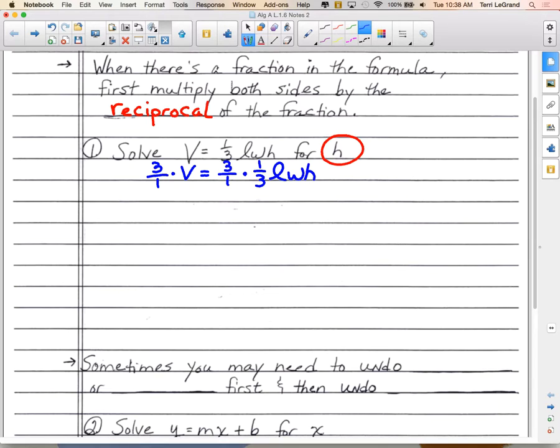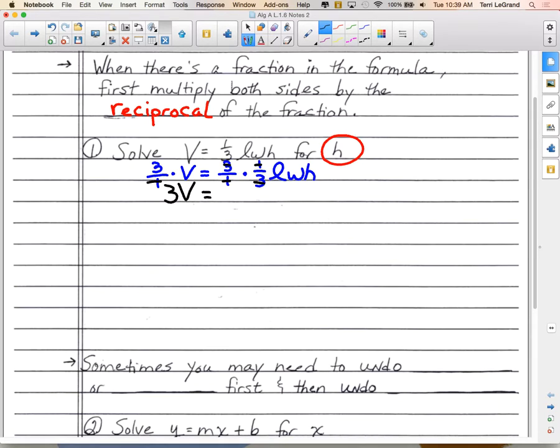Okay, over here on this side, this 1 is really not important. We can kind of like ditch it. 3 times V is 3V. So we had to multiply that side also by that reciprocal. So the V now becomes 3V. Over here, these 1's cancel.